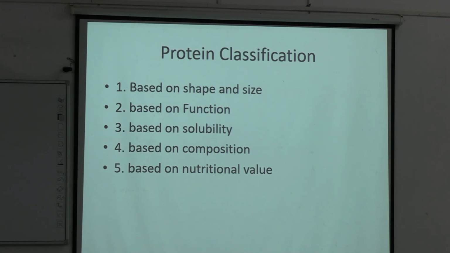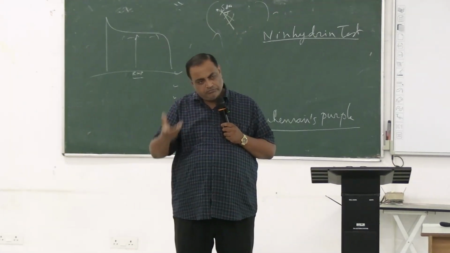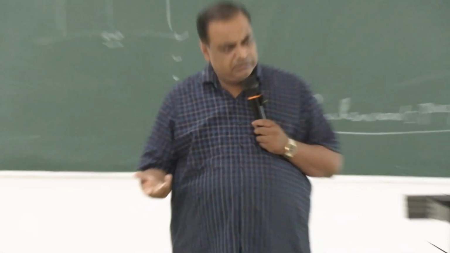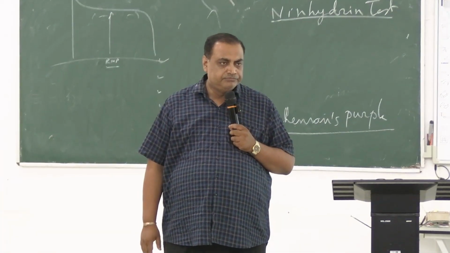Shape and size means some proteins are very long fibers. Some proteins are like a ball, a laddu. These laddu-like proteins are called globular proteins.